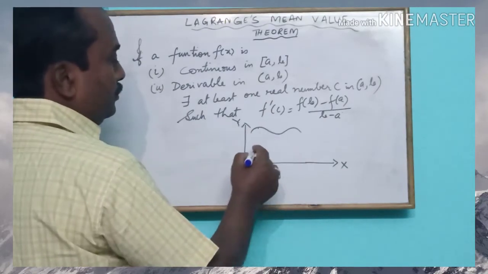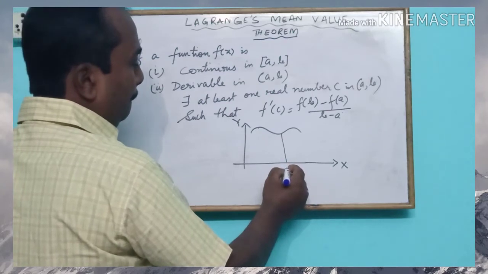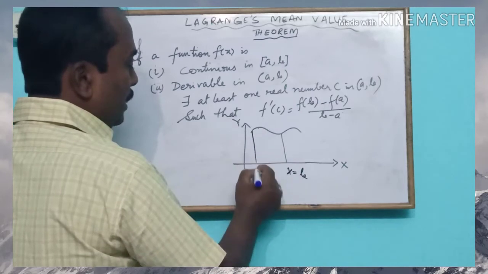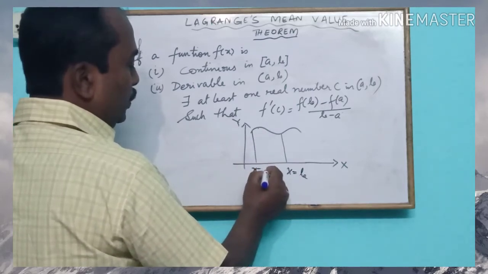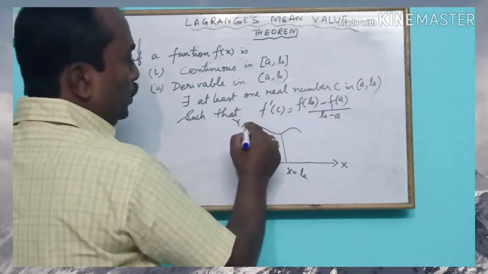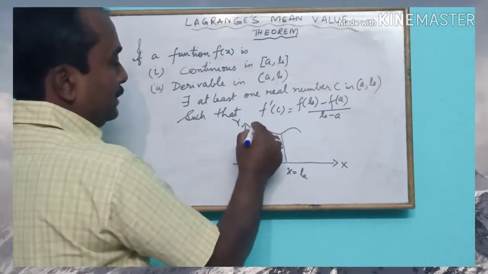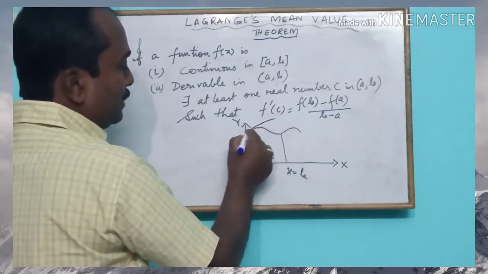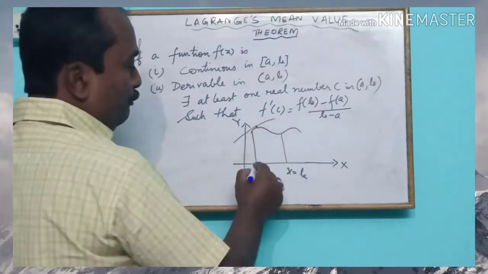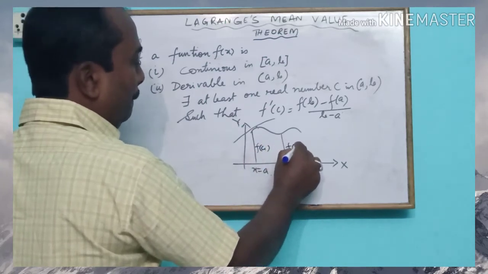Suppose this is x equal to b, this is x equal to a. Then what can we conclude? We will get a point c in the interval (a, b) such that f'(c), that means the tangent at c, is equal to... this is f(a), this is f(b).